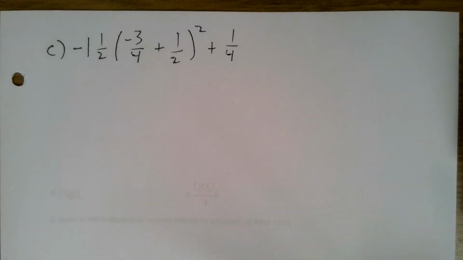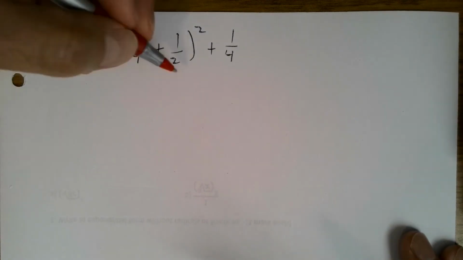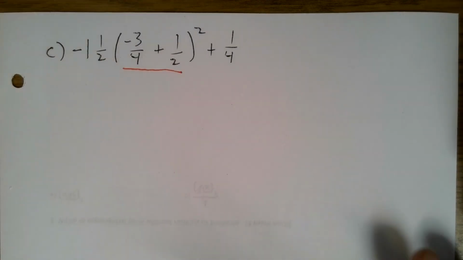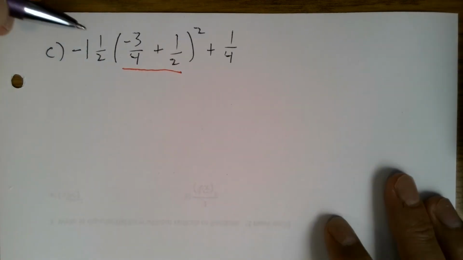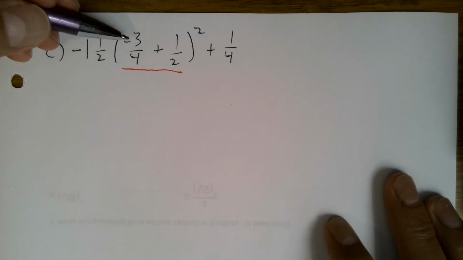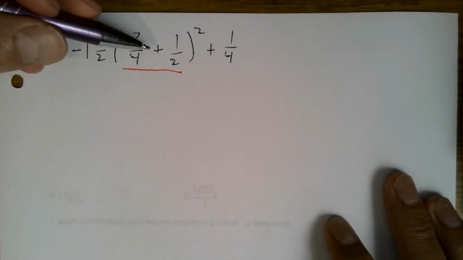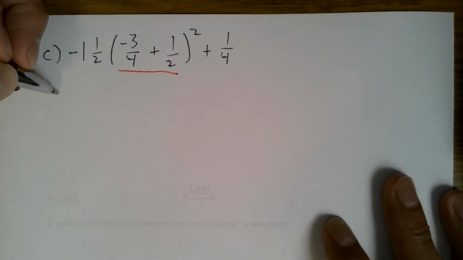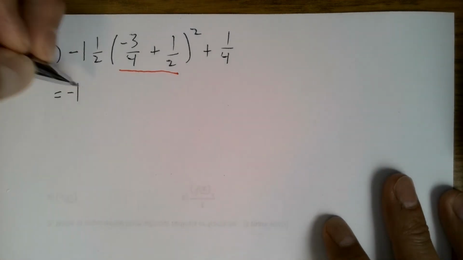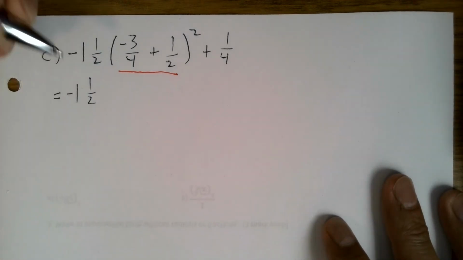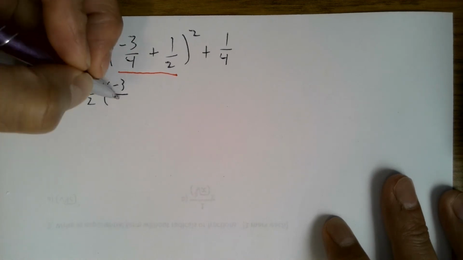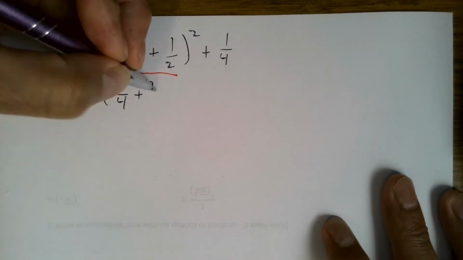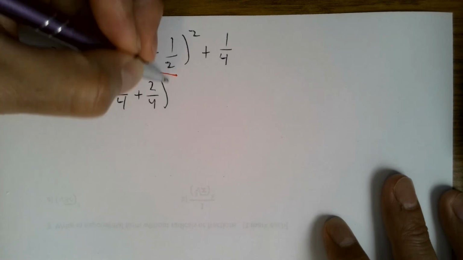Okay, so let's have C here. C, we've got brackets, so we should deal with the stuff inside the brackets here. Before I can add these, I need a common denominator. In this case, it's going to be 4. So I'm going to rewrite everything exactly the same, except for instead of 1/2, I'm going to write 2/4 to get myself that common denominator.